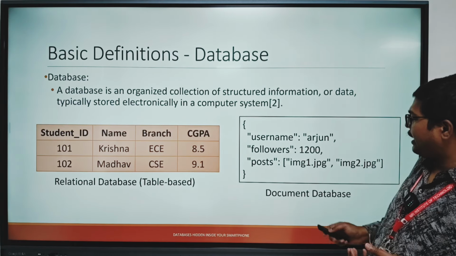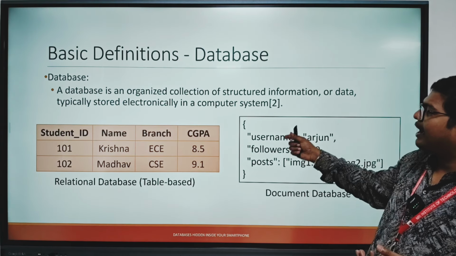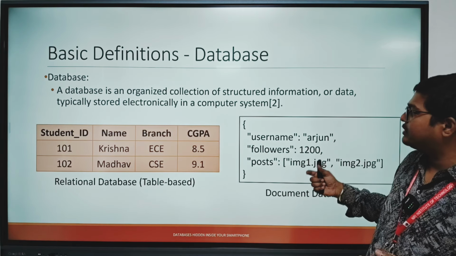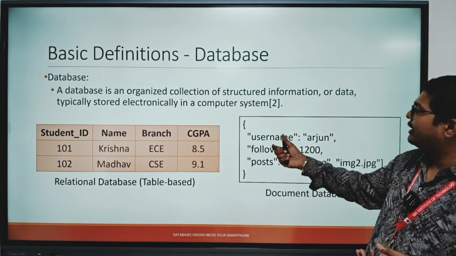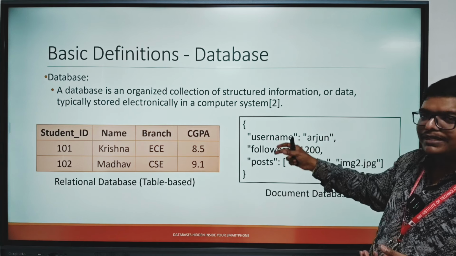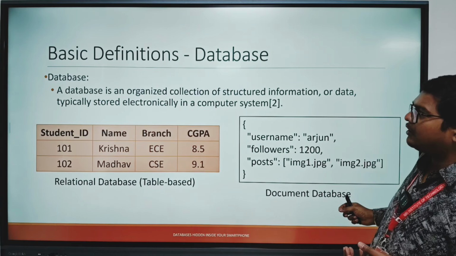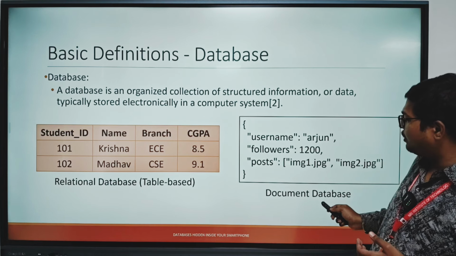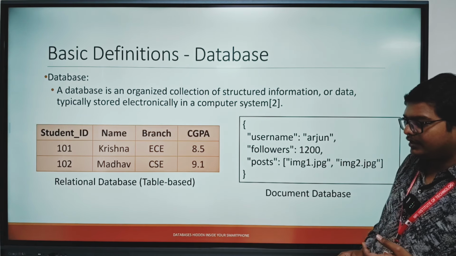Or here is a document kind of database where you have data in the form of JSON, JavaScript Object Notation format. Here you have keys and values. This is semi-structured data, and such data gets stored in a document database.